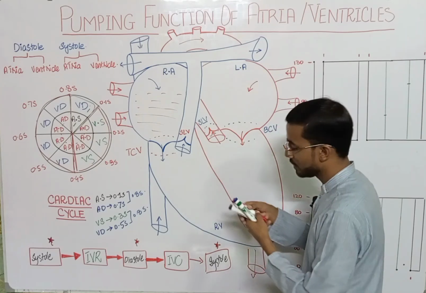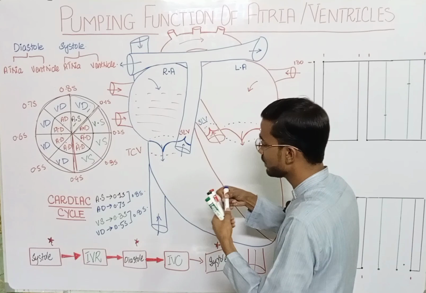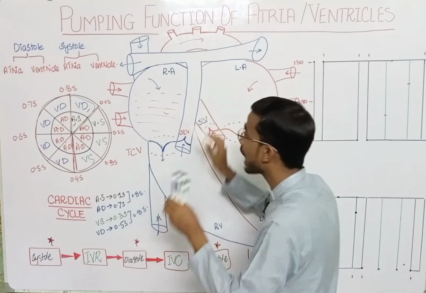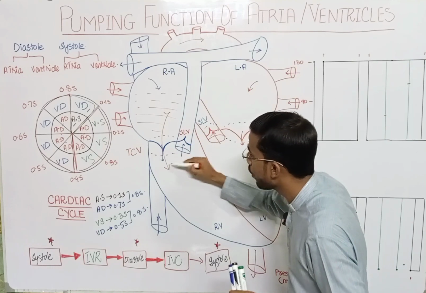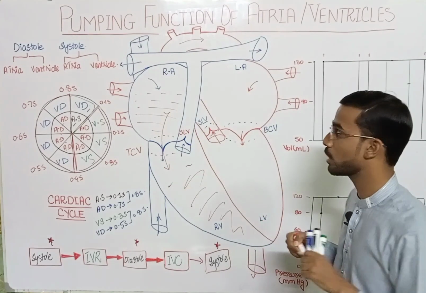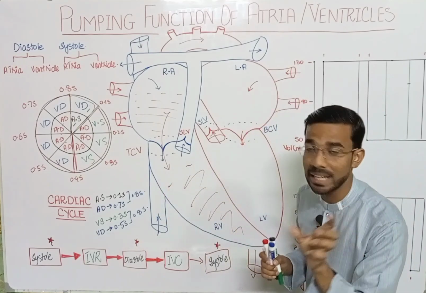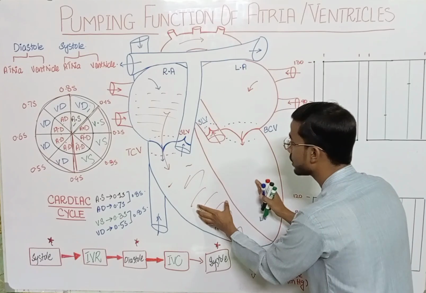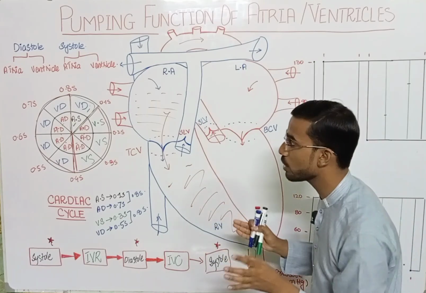It means that the blood enters through the superior and inferior vena cava and accumulates in them, and without any hindrance the blood also flows continuously into the right ventricle. This is the state of 0.4 seconds, where all the chambers of the heart are in relaxed, diastolic state.